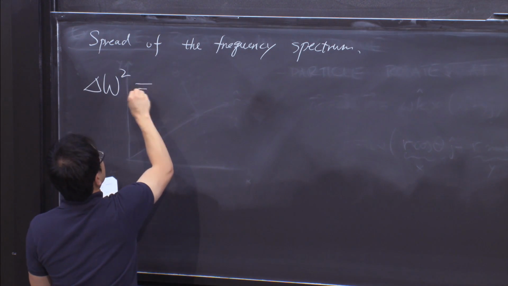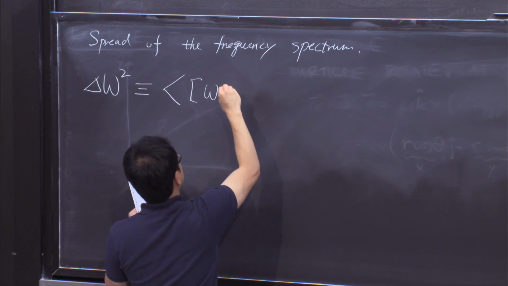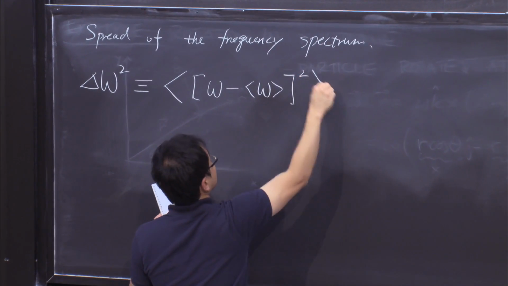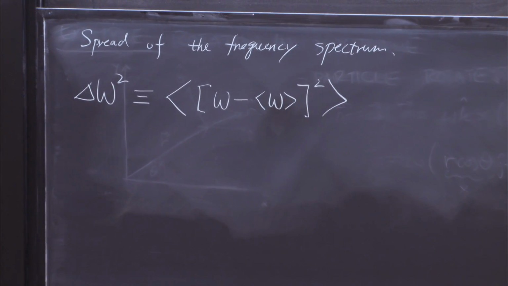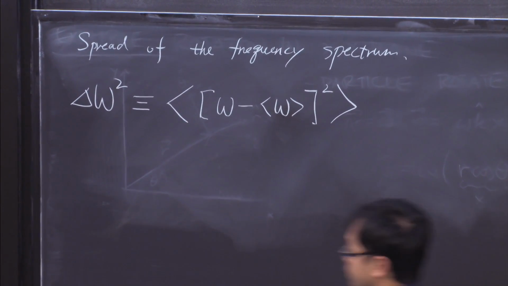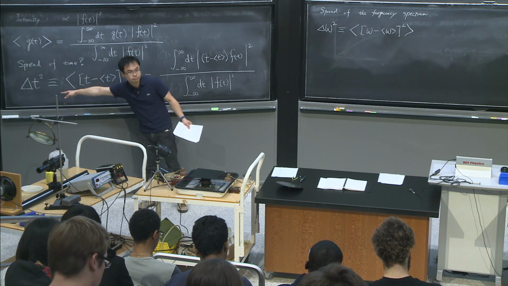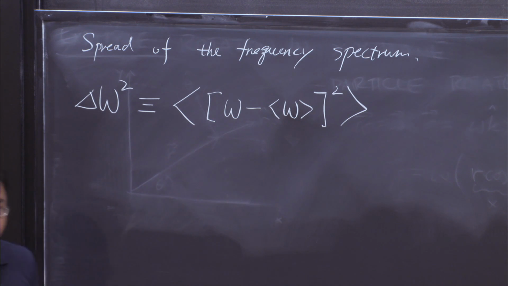This will be defined as the average of (omega minus the mean value of omega) squared. With this definition in our hand, we have an estimator of the spread of time, and we have an estimator of the spread of the frequency.